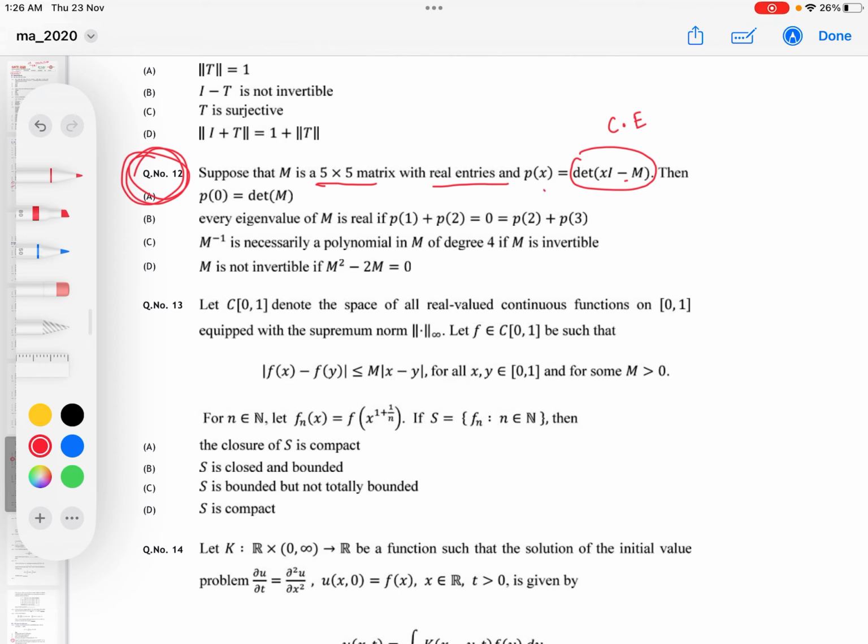We have kept this as a polynomial p(x), where x is nothing but the eigenvalue, you can say. Then we have to check which option is correct.